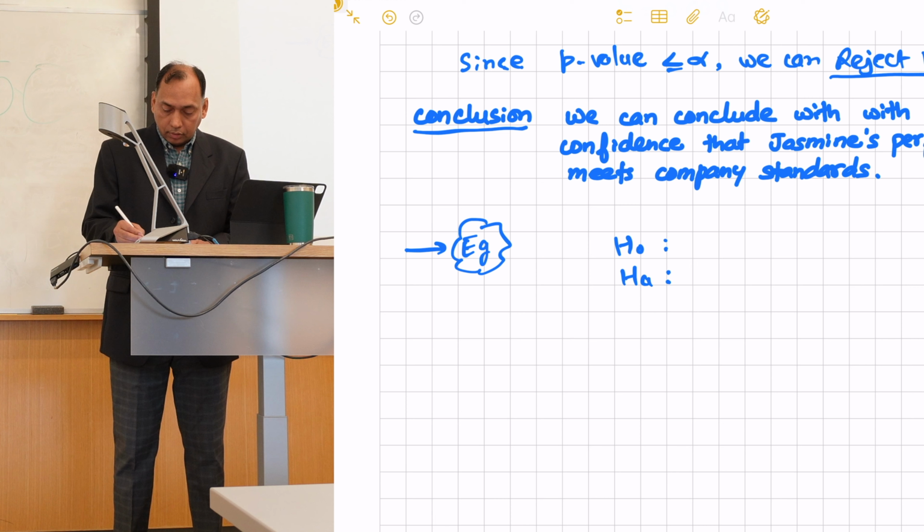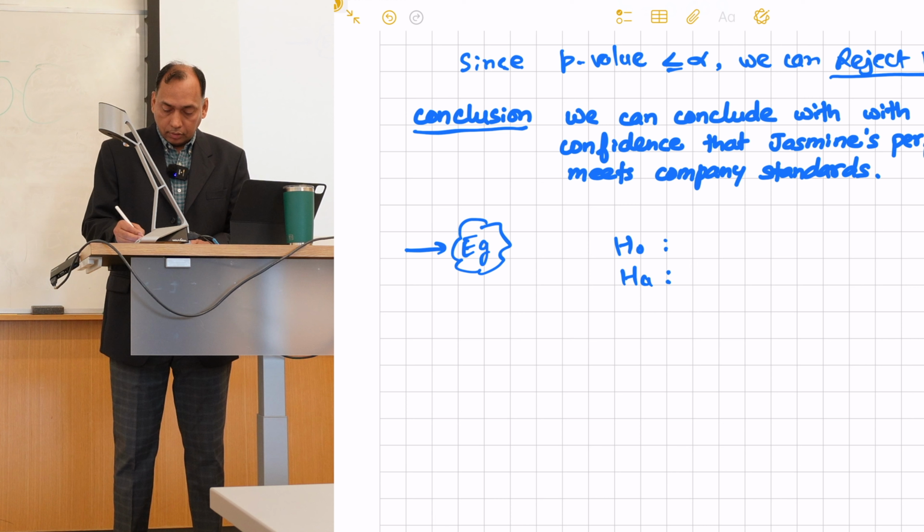Jasmine has just begun her new job in sales at a very competitive company. In a sample of 16 sales calls, it was found that she closed contracts for an average dollar value of 108 with a standard deviation of $12. Test at 5% significance. So 5% significance is another way of saying alpha is 0.05, or the confidence you want is 95%.